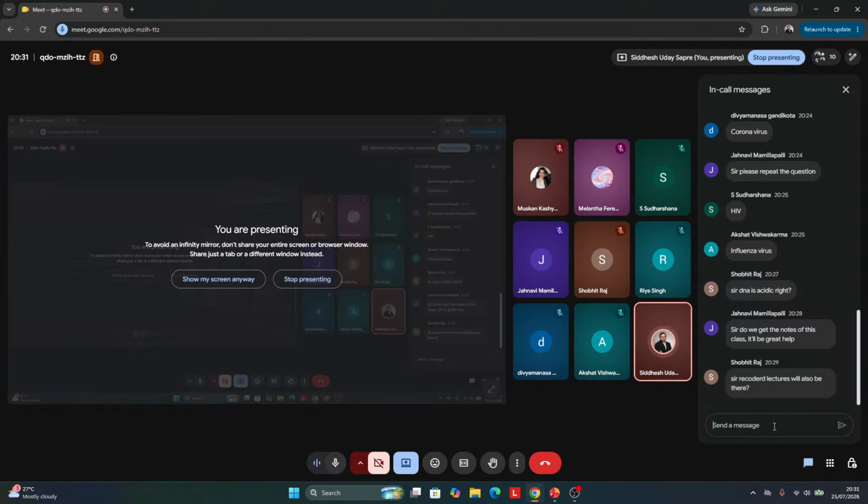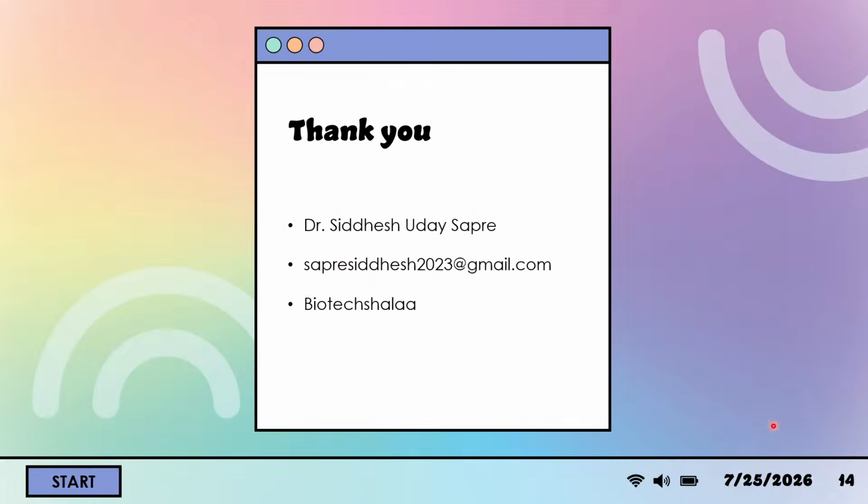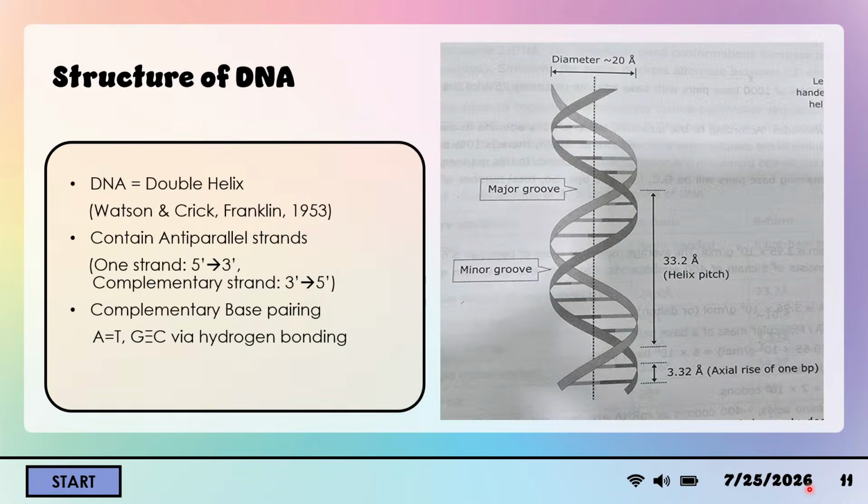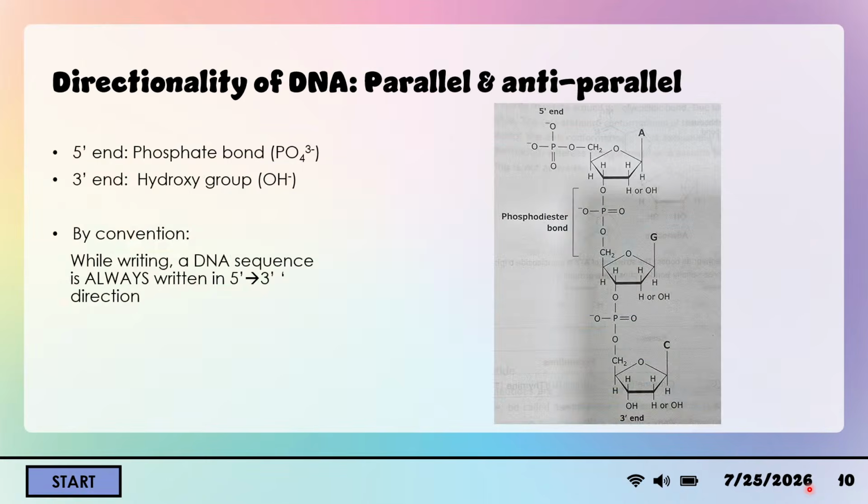There is one more question from someone asking, why is DNA negatively charged? Okay, I will explain it once again. I discussed that DNA has a phosphate group present. Since it has a phosphate group, you see here it has a negatively charged O, that is O minus. But normally this will have OH here.